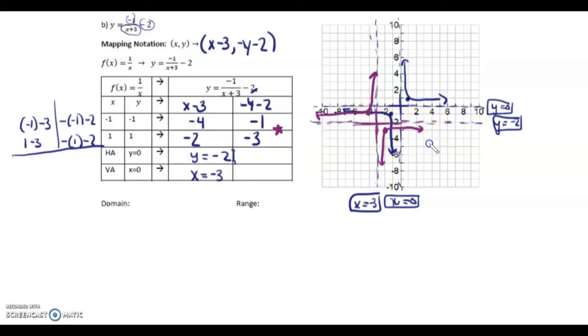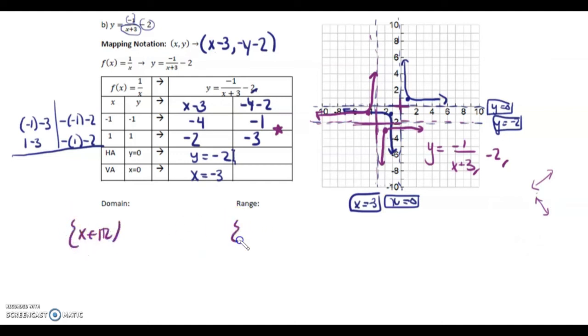Okay, and this one is y equals -1 over x plus 3 minus 2. Okay, so you can see the intersection of our asymptotes here was 0, 0. We move down 2 and left 3, and now that's our new intersection. Okay, and we also reflected. So instead of being kitty corner this way, we're now kitty corner this way.